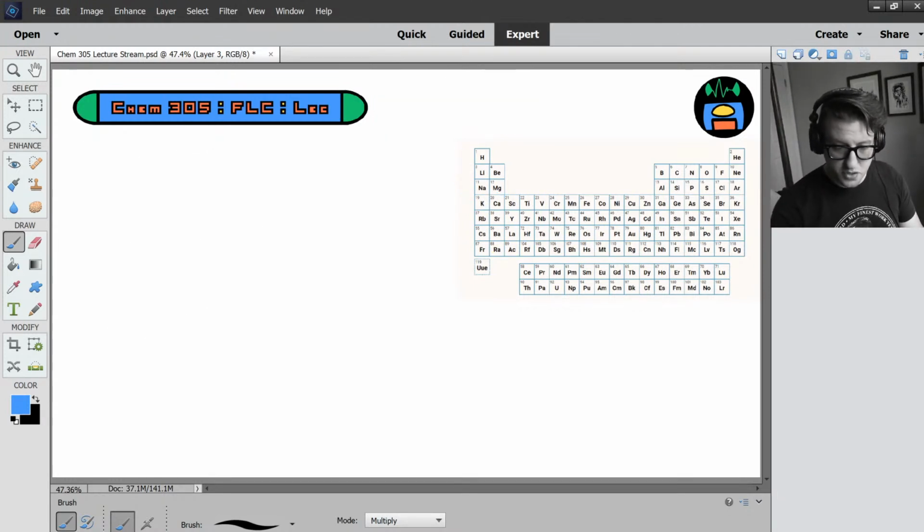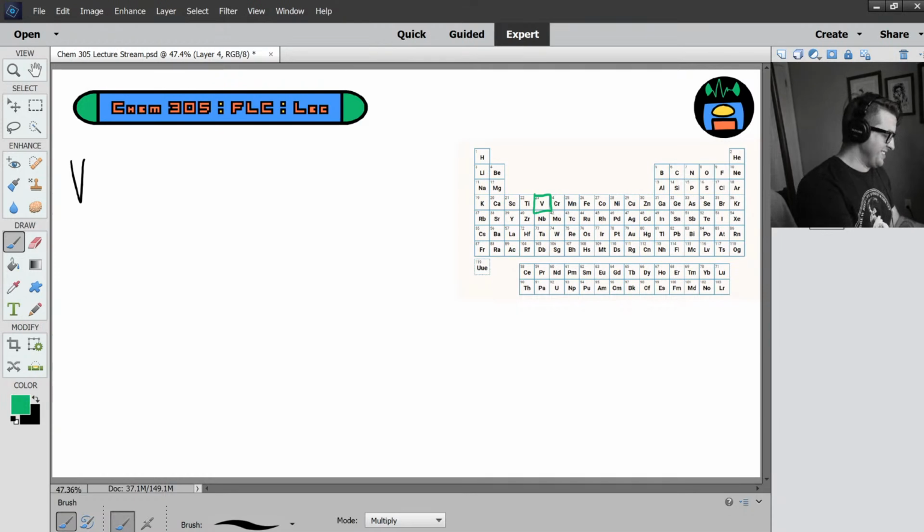Let's do a few examples writing the electron configurations for some D block elements. So let's start with vanadium. We're going to take this step by step like we did yesterday. Step 1 is we need to locate where vanadium is.